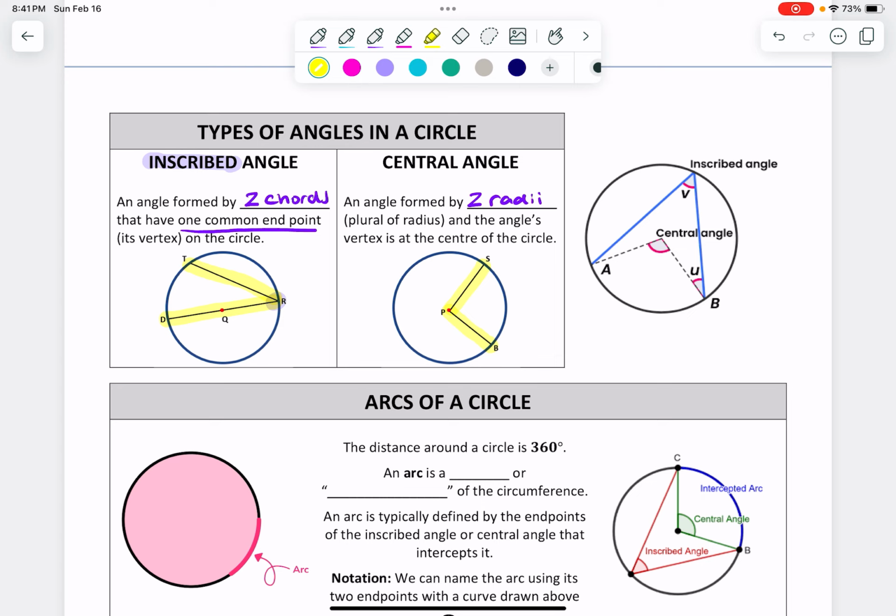And of course, if I'm formed by two radii, I have to have the center of the circle as that common vertex, that point where those two radii meet, because every single radius in a circle will always touch that center point. That is called a central angle.